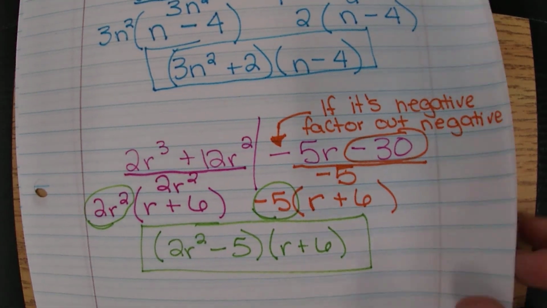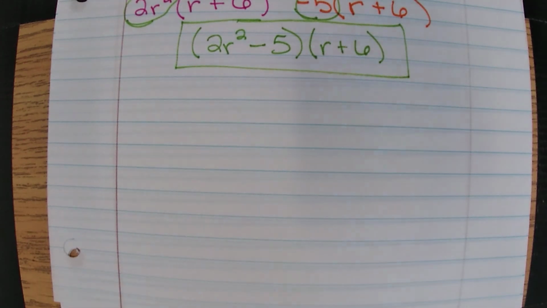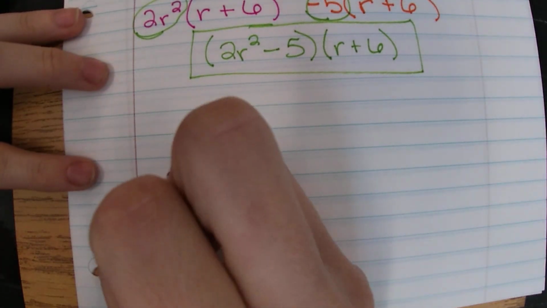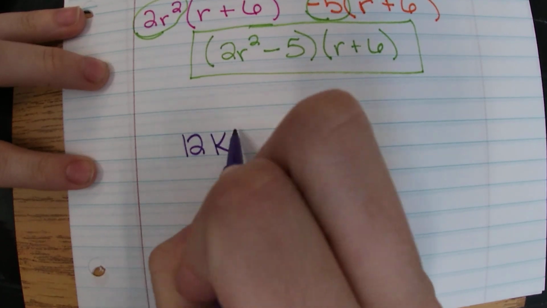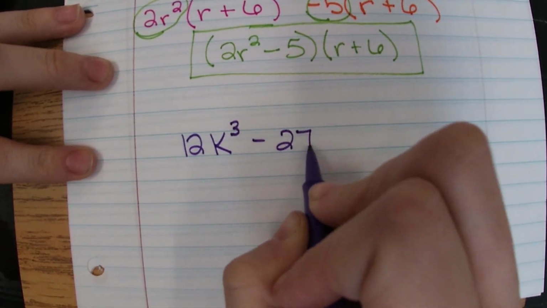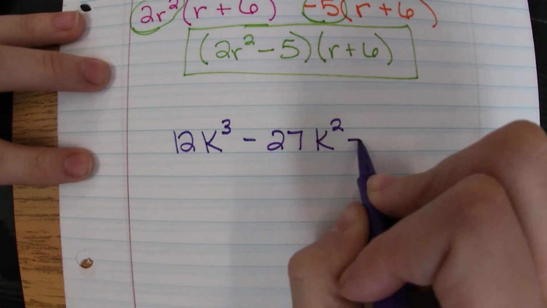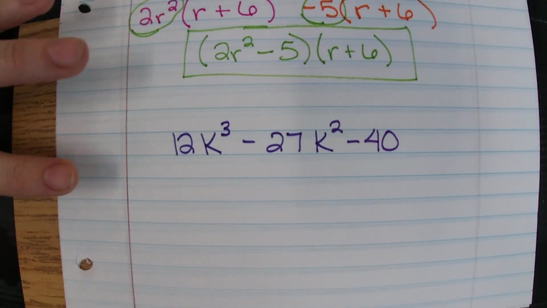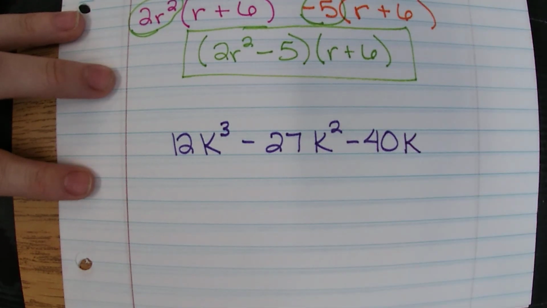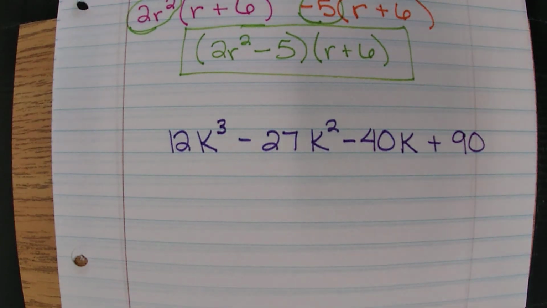Okay, I want to look at one more like this. 12k to the third minus 27k squared minus 40k plus 90.